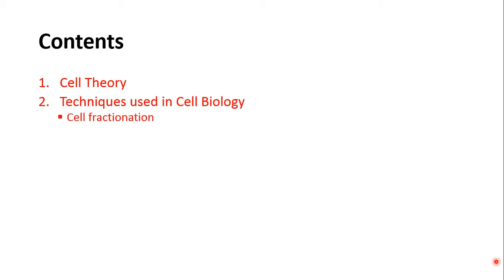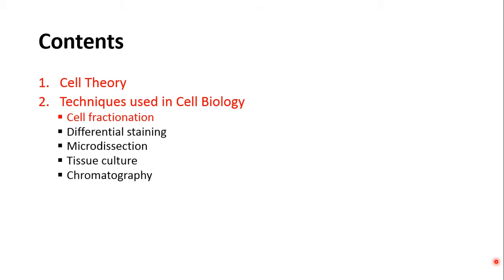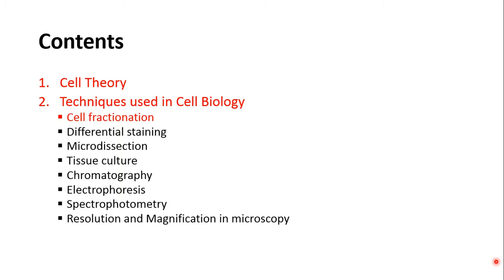In techniques, the first is cell fractionation, second differential staining, third microdissection, fourth tissue culture, fifth chromatography, sixth electrophoresis, seventh spectrophotometry, eighth resolution and magnification microscopy, ninth micrometry. So these are all the techniques that we will discuss in this chapter.